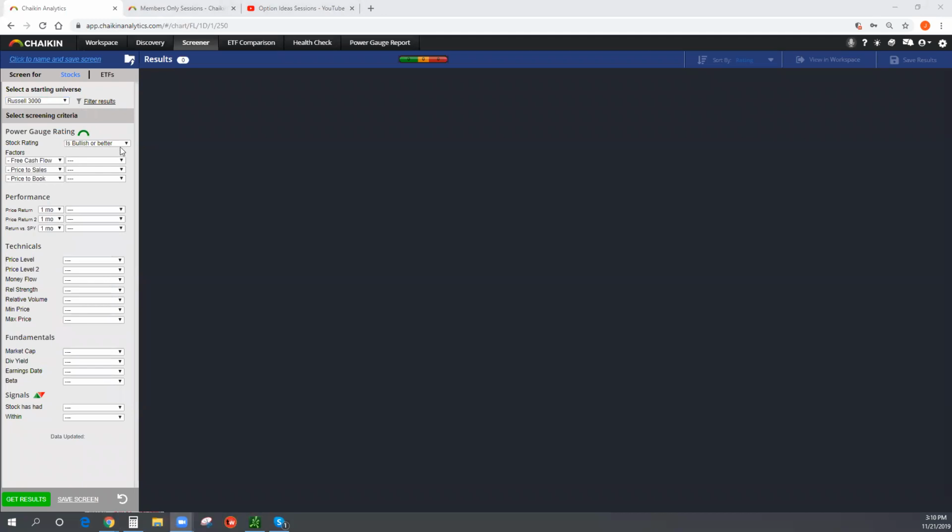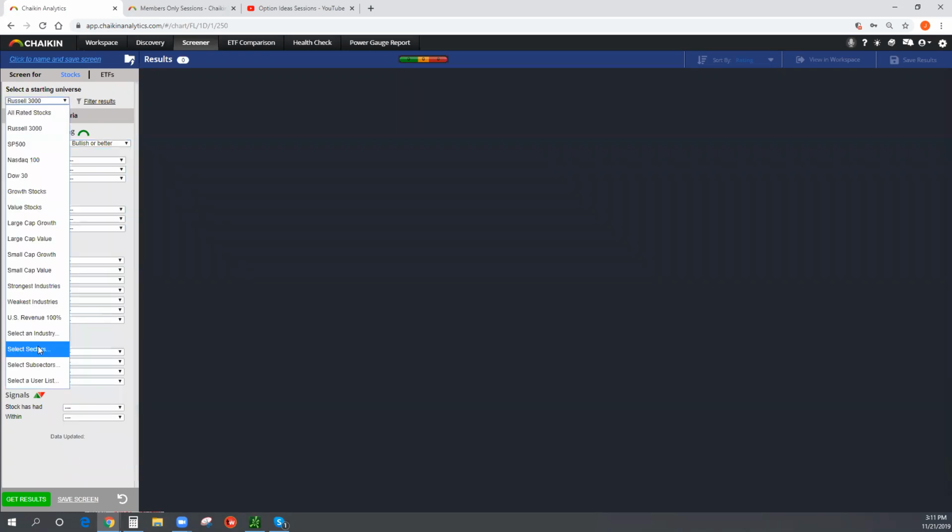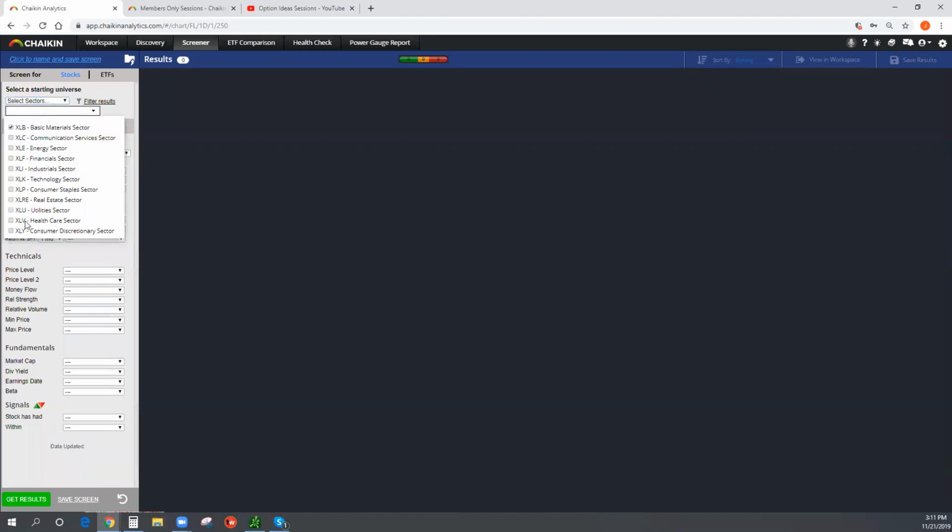Next is the stock rating. And we give you the ability, and there's a lot of choices here. And what I'm hoping is that they take the time to turn this into the kind of usability that select a subsector has or select a sector has, where you can click things off. So you can say, oh, I want the neutrals, the neutral pluses, and the bulls, and just click them off.